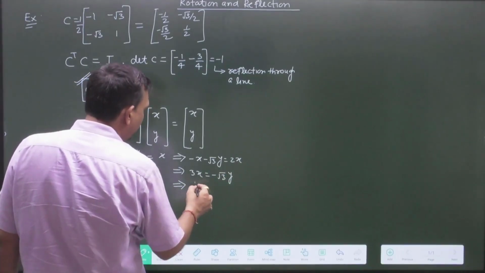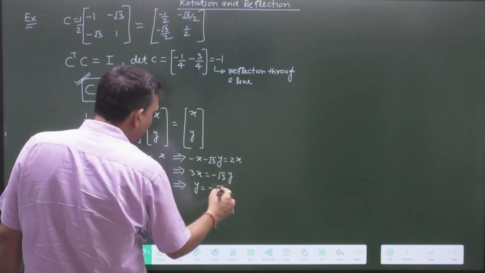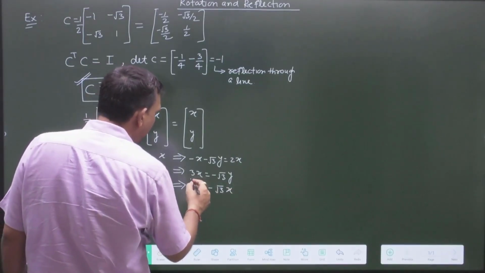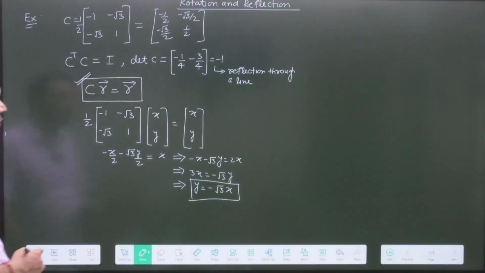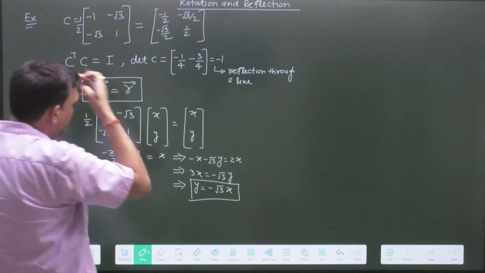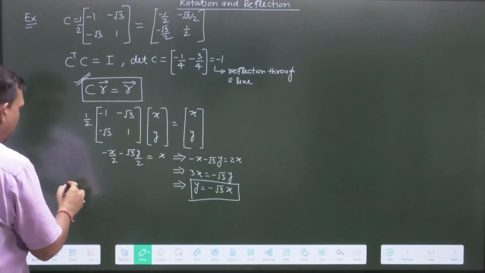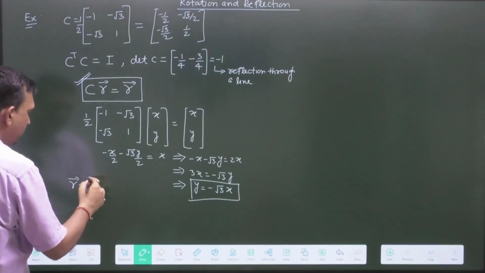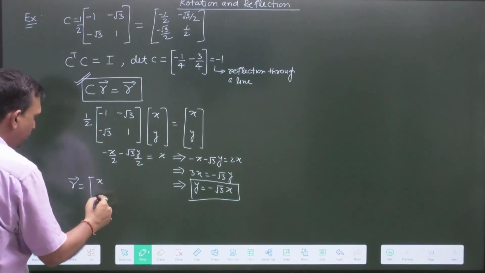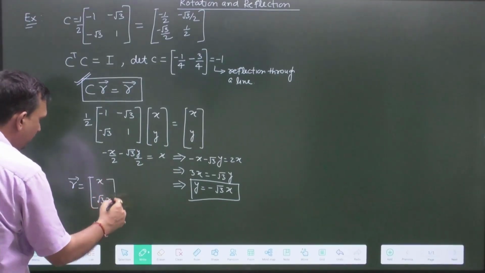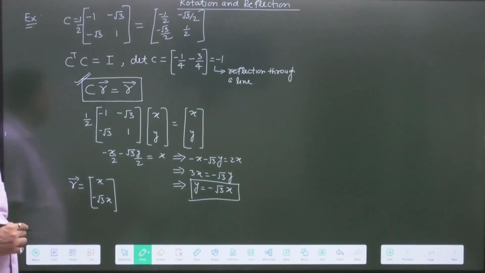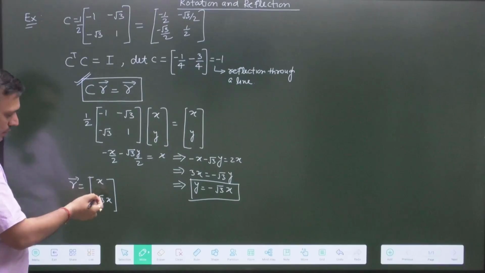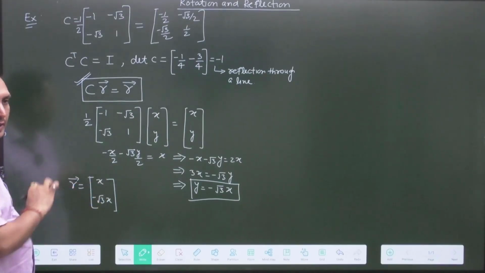So what will be y? y will be minus root 3 x. So it means this reflection line R will be given by x and minus root 3 x. But we have to write its normalized unit vector.